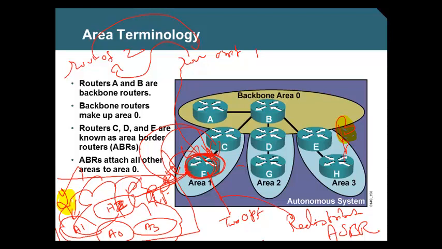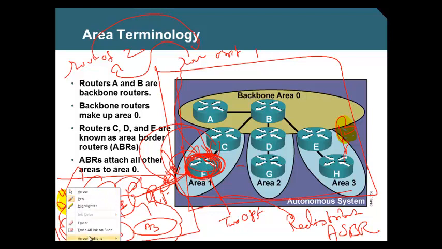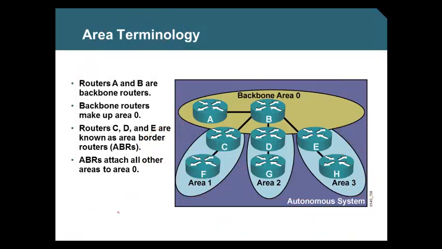The router where we redistribute routes from another protocol, it may be another OSPF or EIGRP or RIP or static or connected, whatever it may be, BGP or IS-IS. When you take the routes from that protocol and give them to this OSPF in this autonomous system, we call the router where we do redistribution an autonomous system border router.